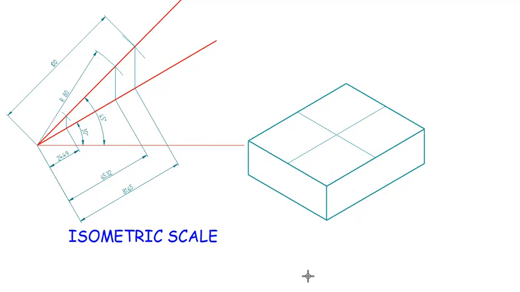Next thing is, if the square side length is 40, I need to find where exactly this point and this point should be coinciding.